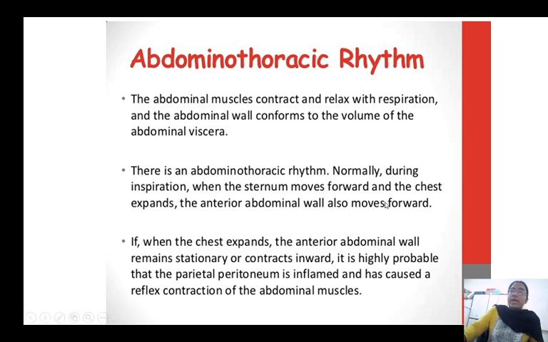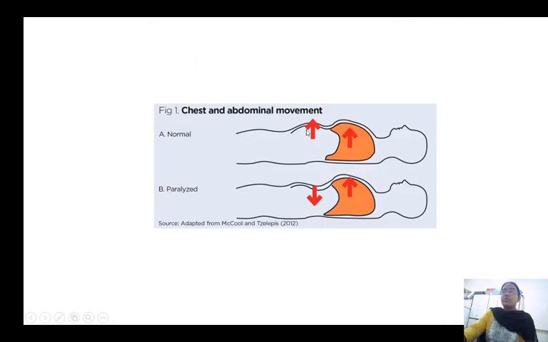In this rhythm, the abdominal muscles contract and relax with respiration, going in parallel. Normally during inspiration, when the sternum moves forward and the chest expands, the anterior abdominal wall also moves forward.